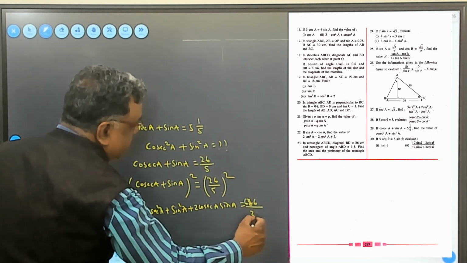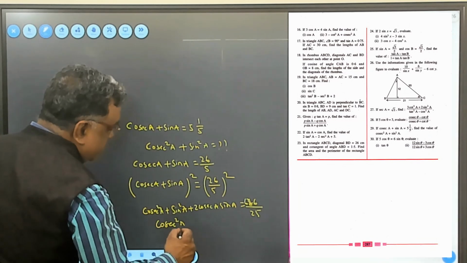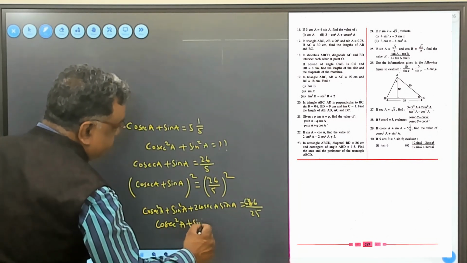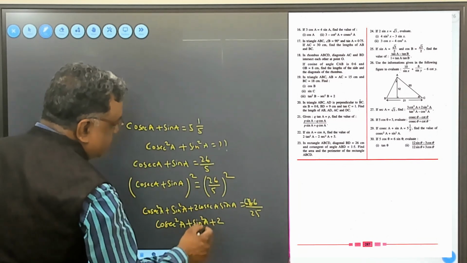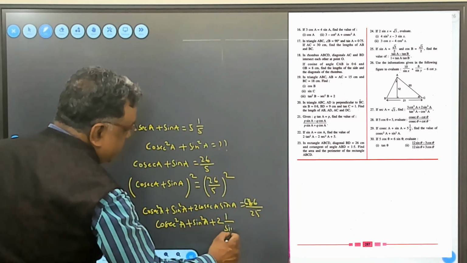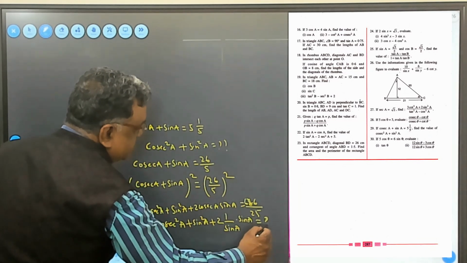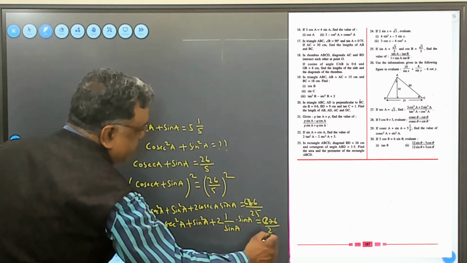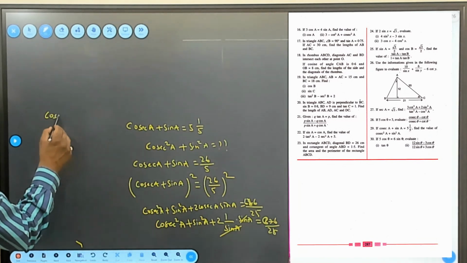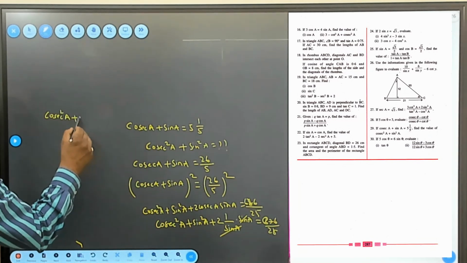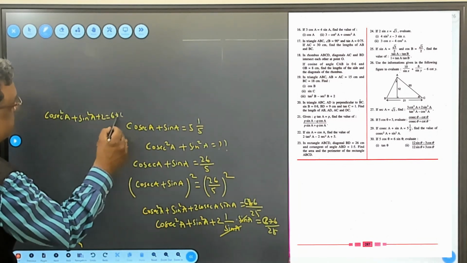676 upon 25. Now cosec square A plus sin square A plus 2. Cosec A is reciprocal of sin A, so I can write it as 1 upon sin A into sin A is 676 upon 25. This sin A will get cancelled. So cosec square A plus sin square A plus 2 is 676 upon 25.